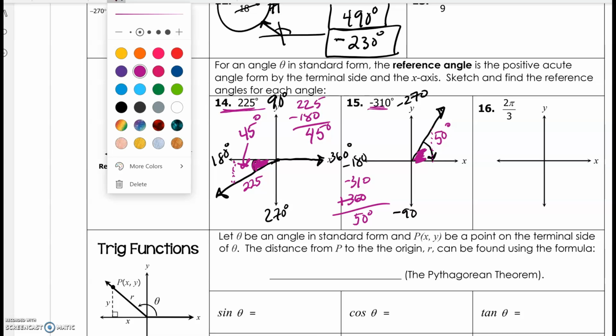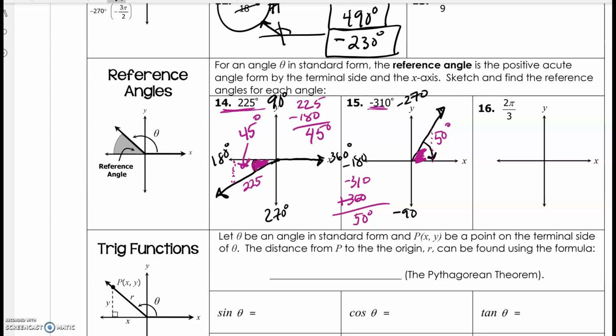Next reference angle, we are going to convert to degrees. 2 pi over 3. Well, I can talk about that. 2 pi over 3 means that I've divided this into 3 sections. So I know 1/3, 2/3, 3/3 get me to pi, or 180 degrees.